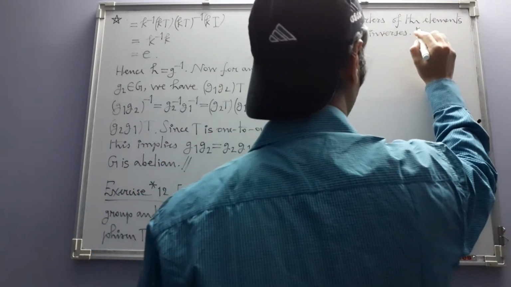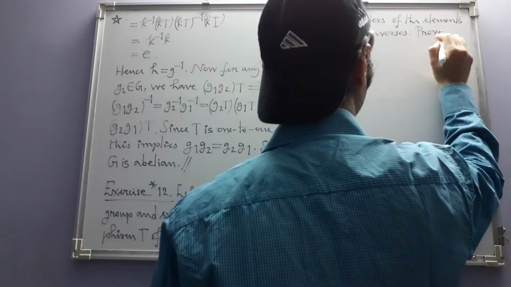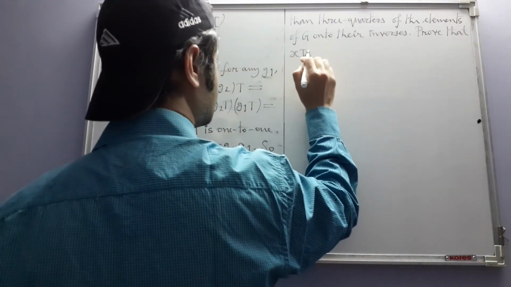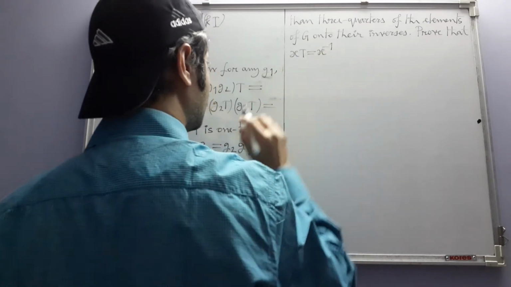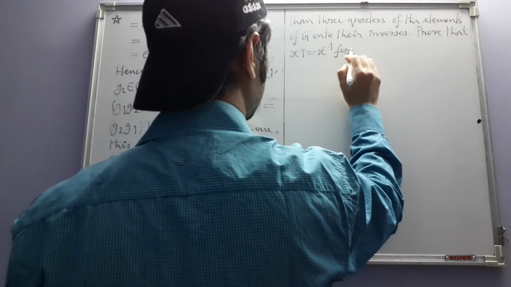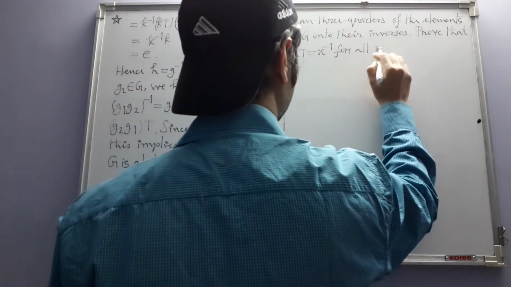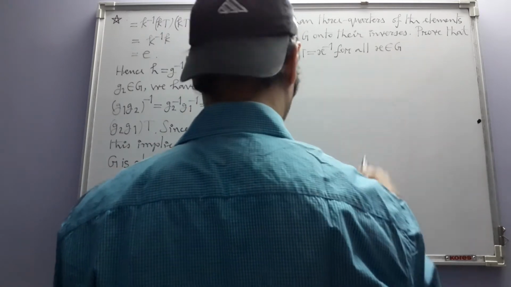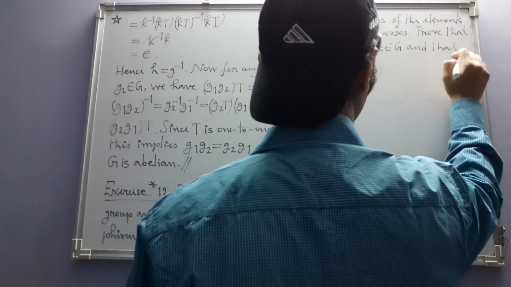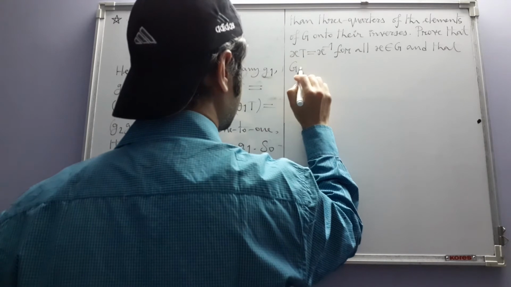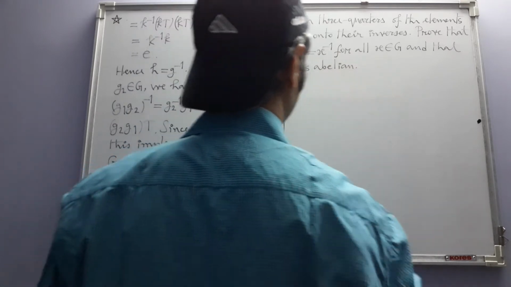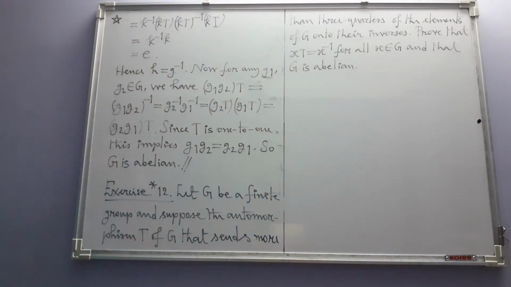Prove that T actually sends all the elements onto their inverses, for all x belonging to G, and that G is abelian.